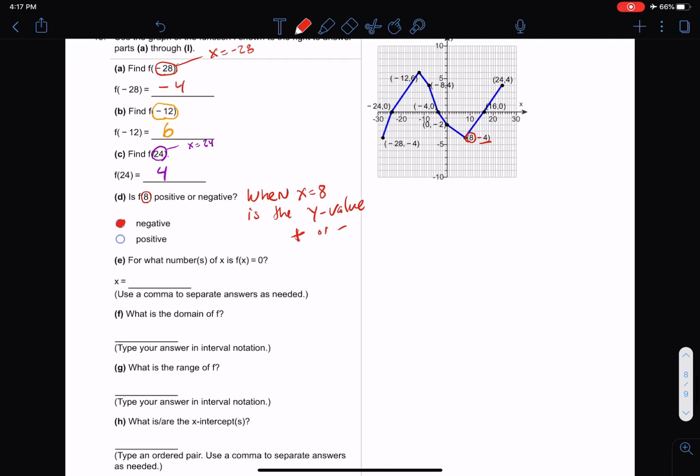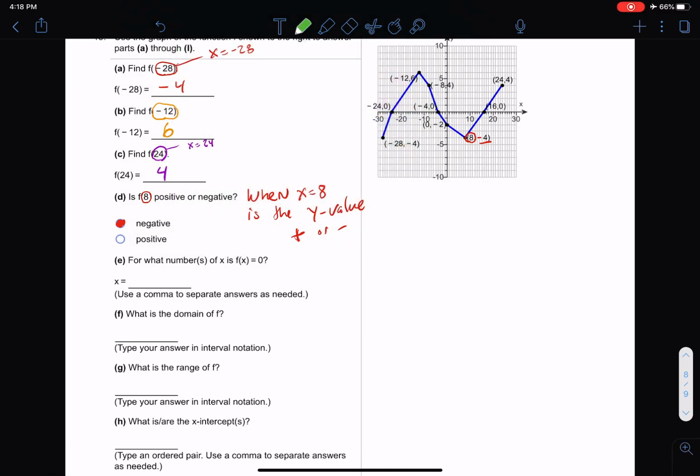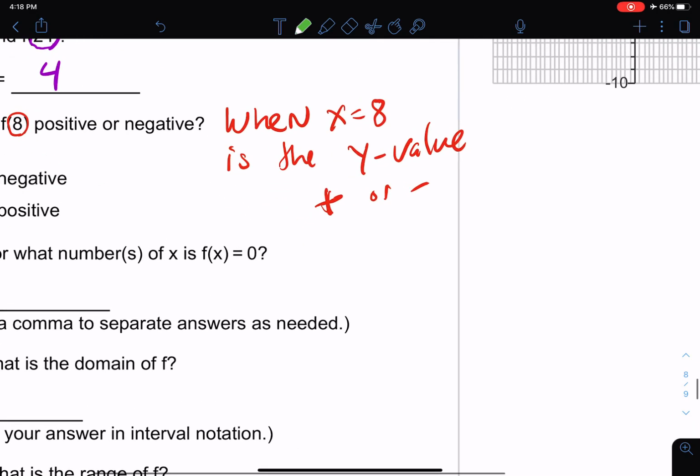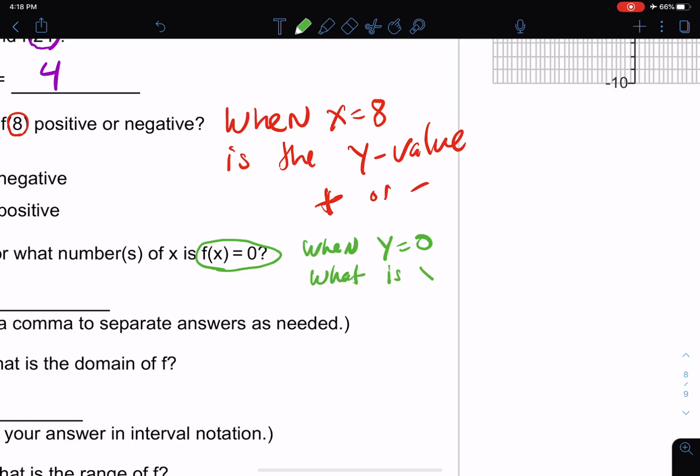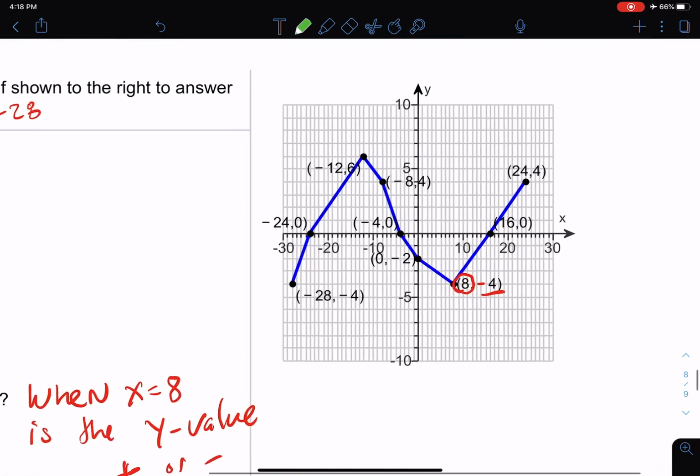Next question. Next color. For what numbers of x is f of x 0? So this is a little bit trickier, but remember this is saying when y equals 0, what is its x ordered pair? What is x? Go find when y equals 0.